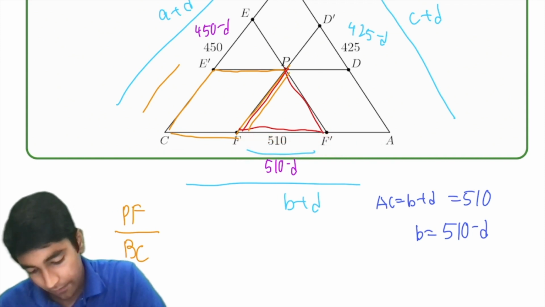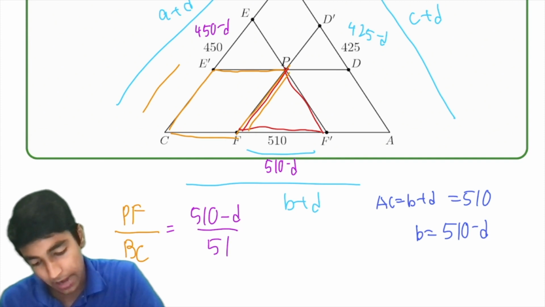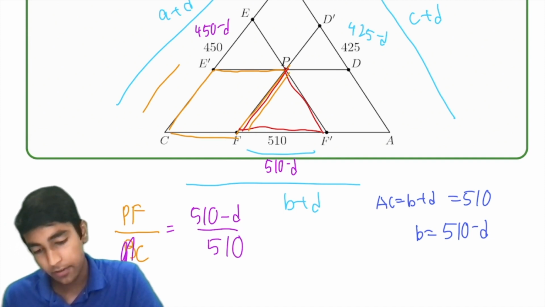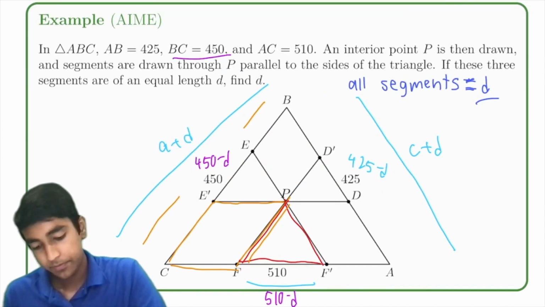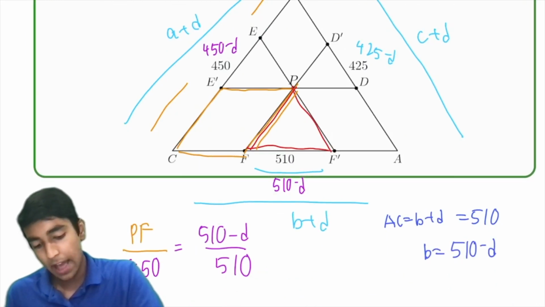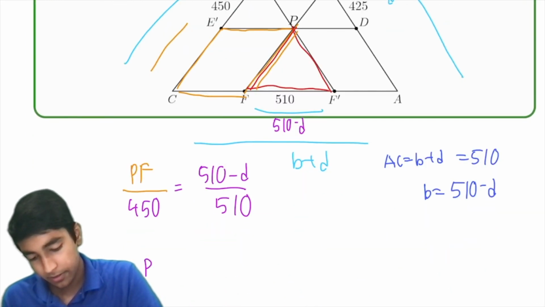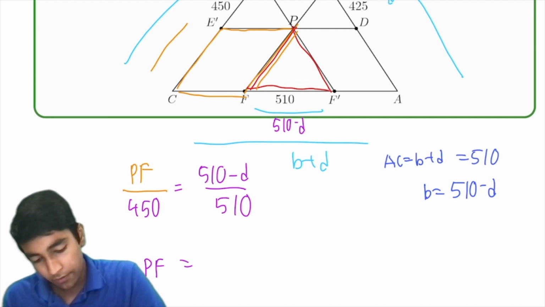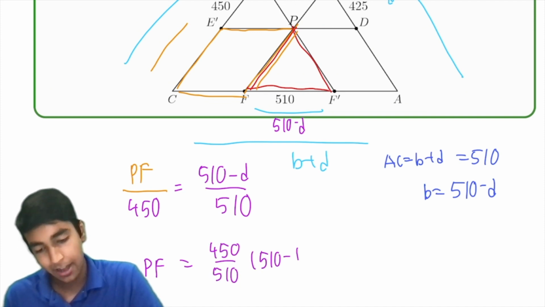And that is 510 minus D over 510. And we know BC is 450, right? It's given in the problem. So therefore, PF is just 450 over 510 times 510 minus D.